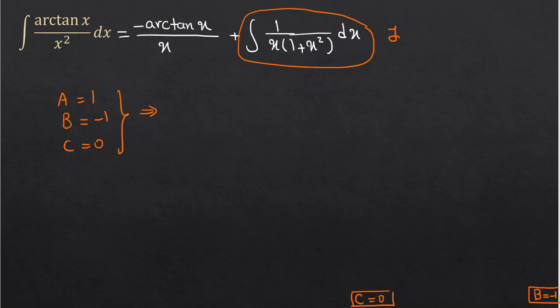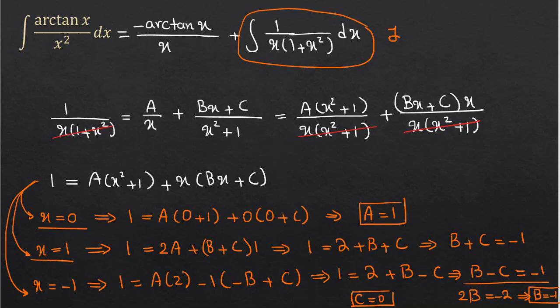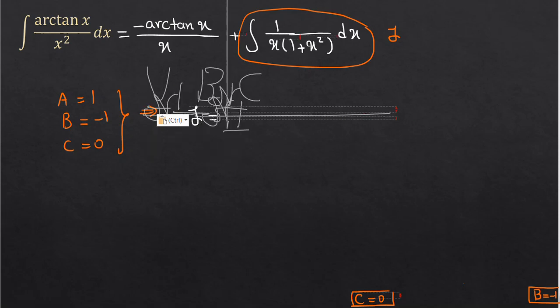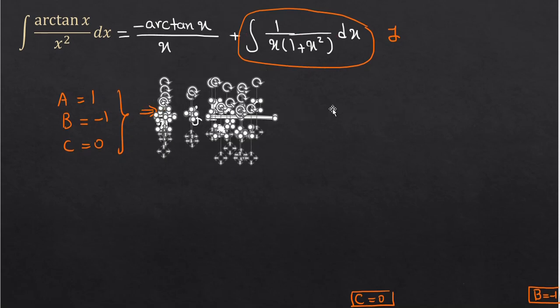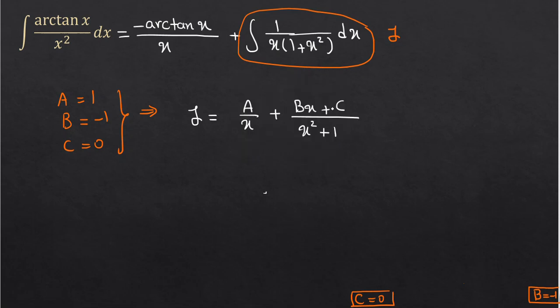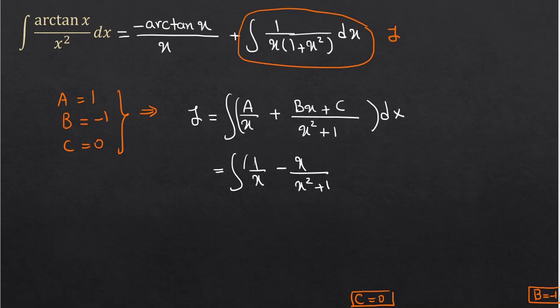I have that j is equal to this integral. Now I'm going to substitute the values for a, b, and c, and then j is equal to the integral of 1 over x minus x over x squared plus 1 dx.